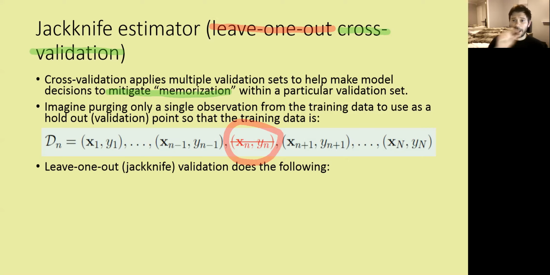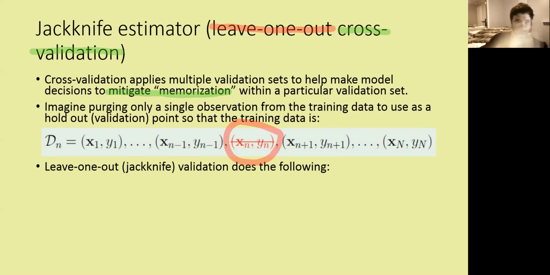So we have an error measure on one point, and then we do this whole process again. We take n-1 different points, build a model with those, and we take a different holdout point, and we calculate the error on that particular holdout point.